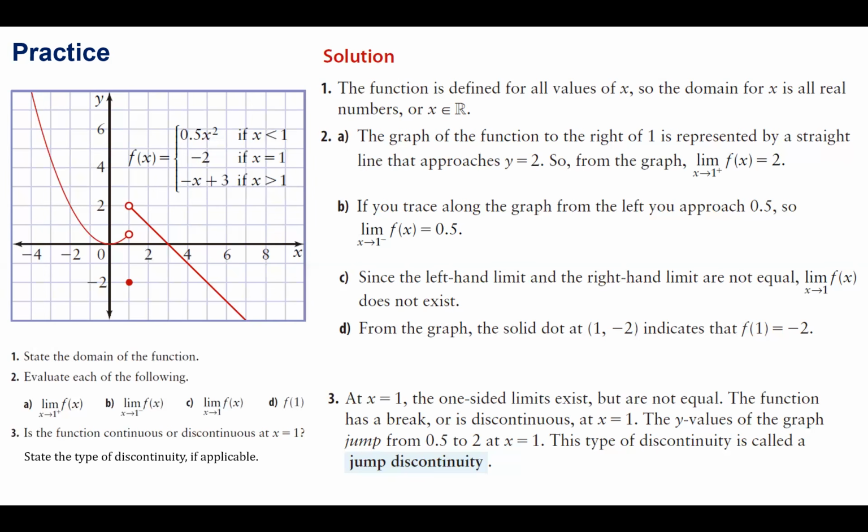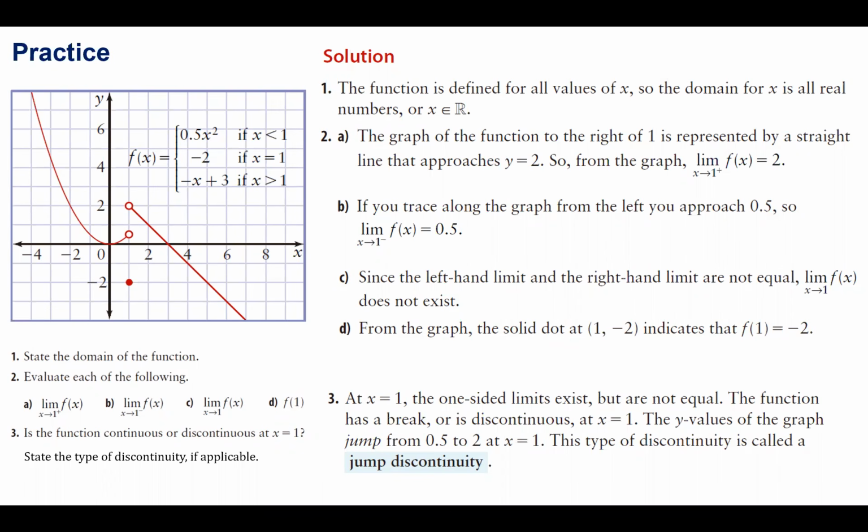So the limit of f(x) when x approaches 1 from the negative side equals 0.5. Since the left-hand limit and right-hand limit are not equal, we say the limit of f(x) when x approaches 1 does not exist, right? Left limit, right limit do not equal. Therefore, the limit of f(x) at this point, x equals 1, does not exist.